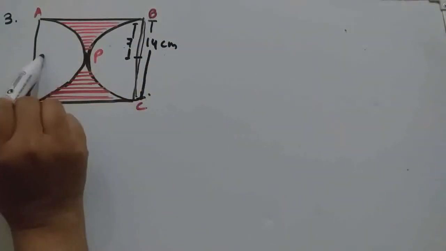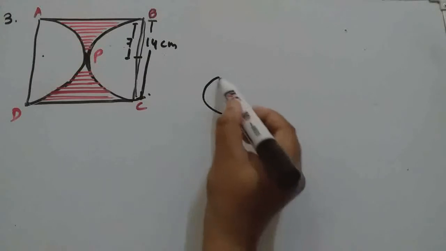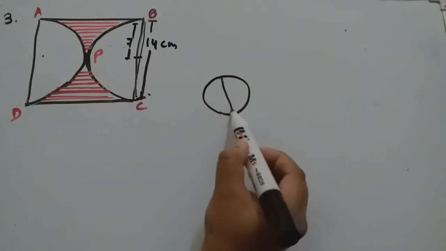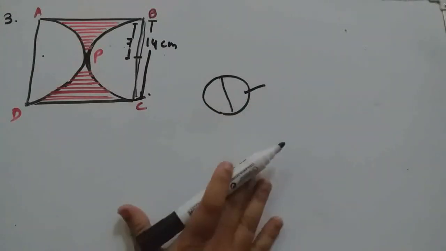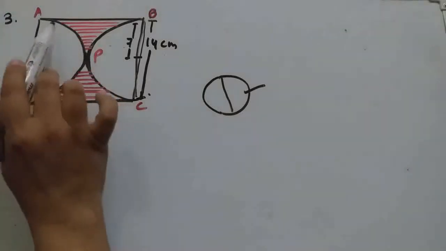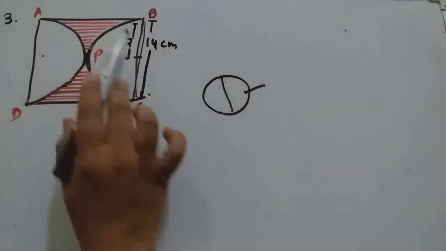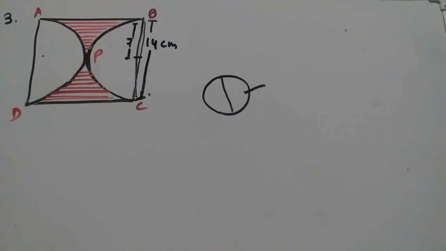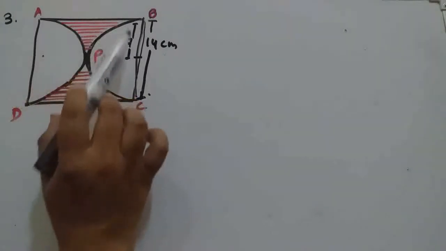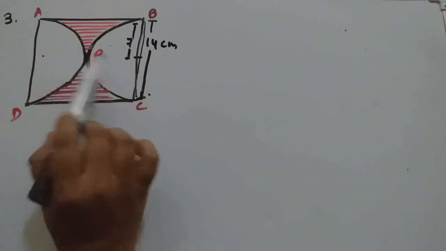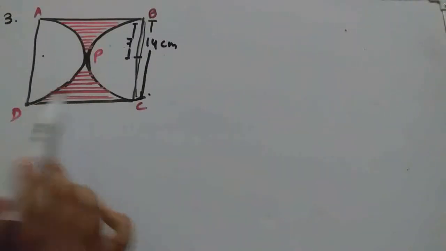For this semicircle also, that means two semicircles are joined to form one circle. That means how we can find this area? Area of square minus area of circle. That will be equivalent to area of square minus area of two semicircles. Both ways you can find.